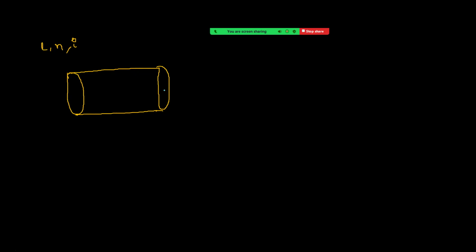So I am taking here from this end at a distance x. Now we are taking a small thickness dx. This is the dx length. And n is the number of turns per unit length, into dx, that gives the number of turns. Right?